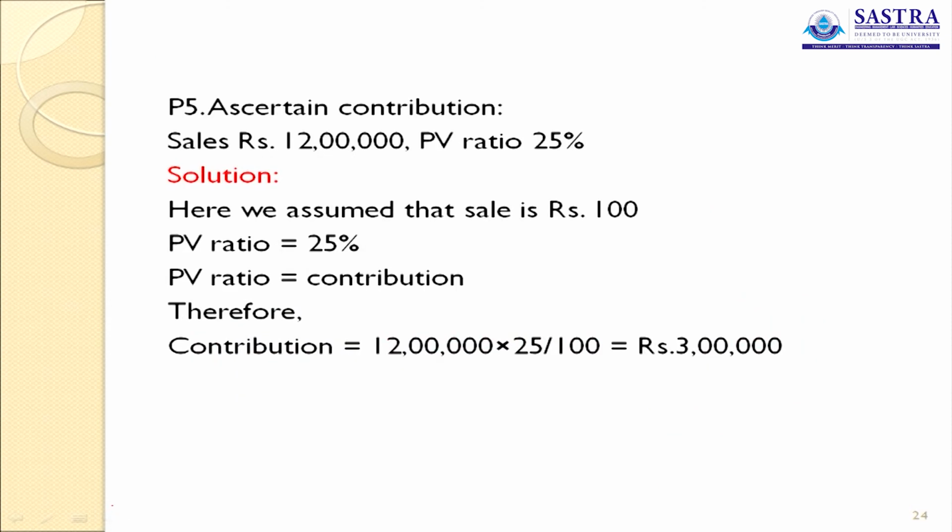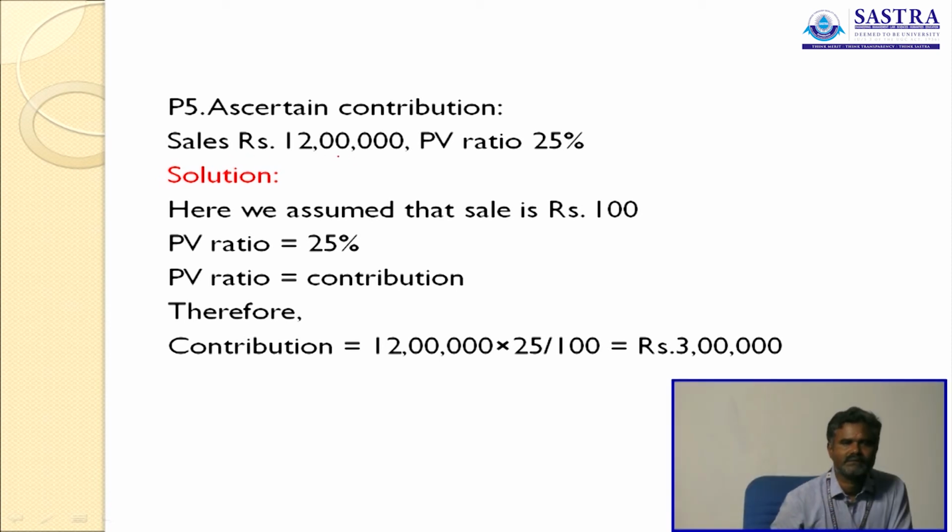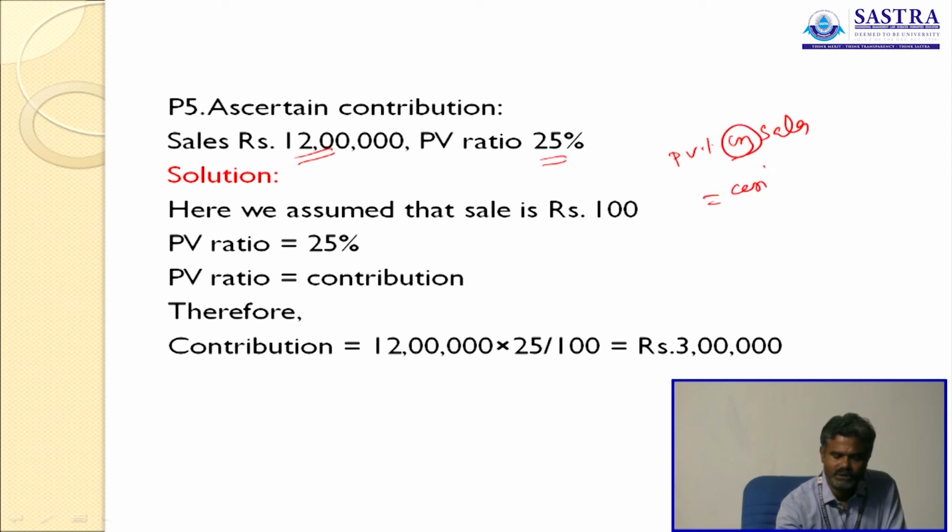Ascertain contribution. Sales is rupees 12 lakh. PV ratio is 25%. Already I told you, PV ratio on sales is contribution. So, 25% on sales is contribution.